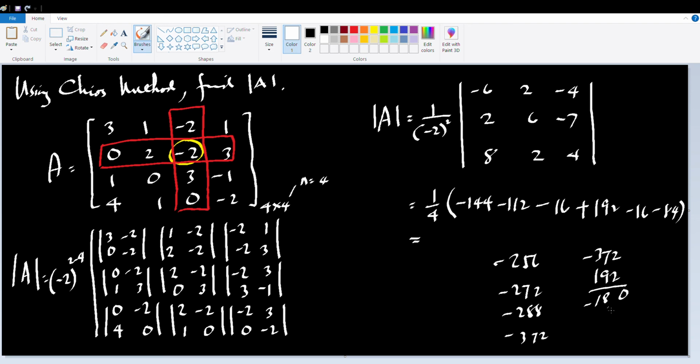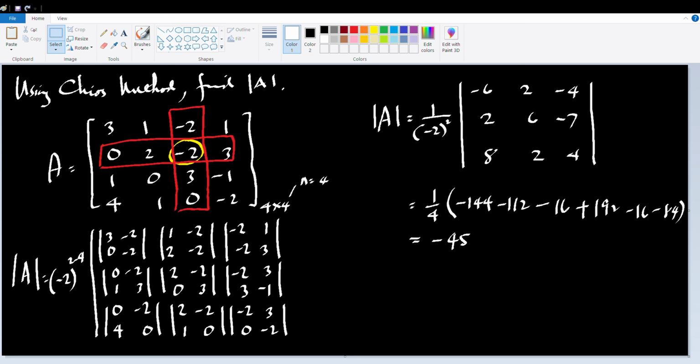Negative 180 times 1/4 is negative 45. Okay, let us check that. Negative 144 minus 112 minus 16 minus 16 minus 84 plus 192 is negative 180, divided by 4 is negative 45. Okay, so that is correct.